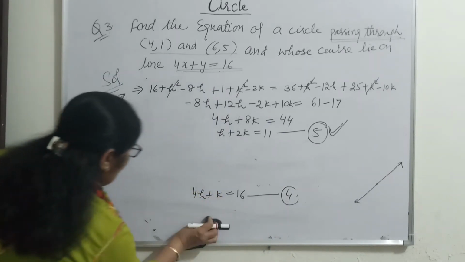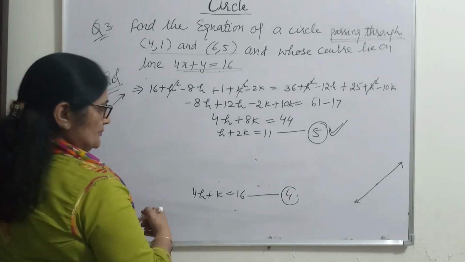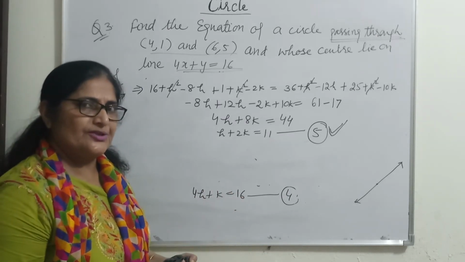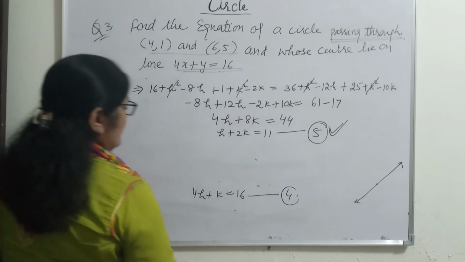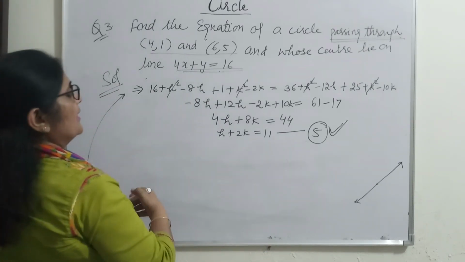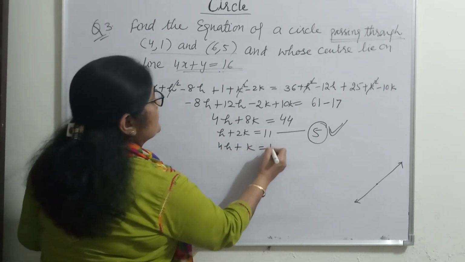You can apply any method to solve this, either the elimination method or the cross multiplication method, whichever you like. Now here, 4h + k = 16.